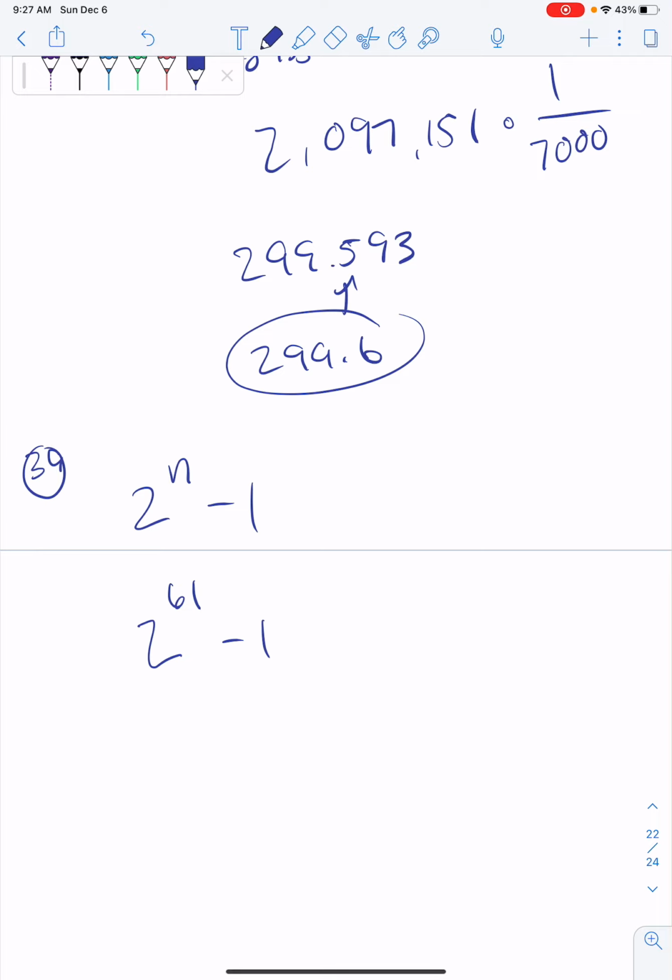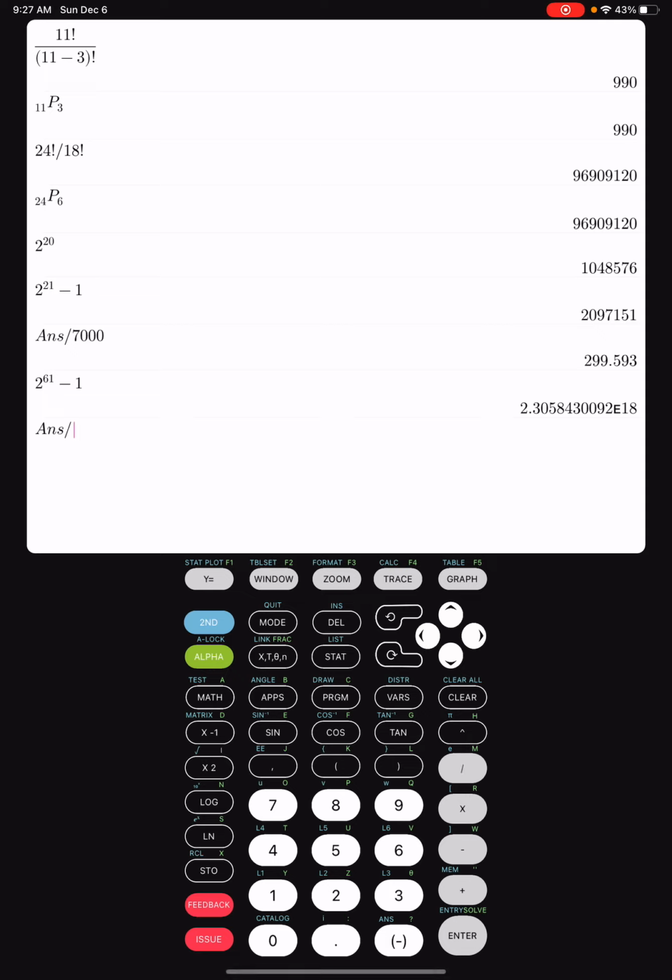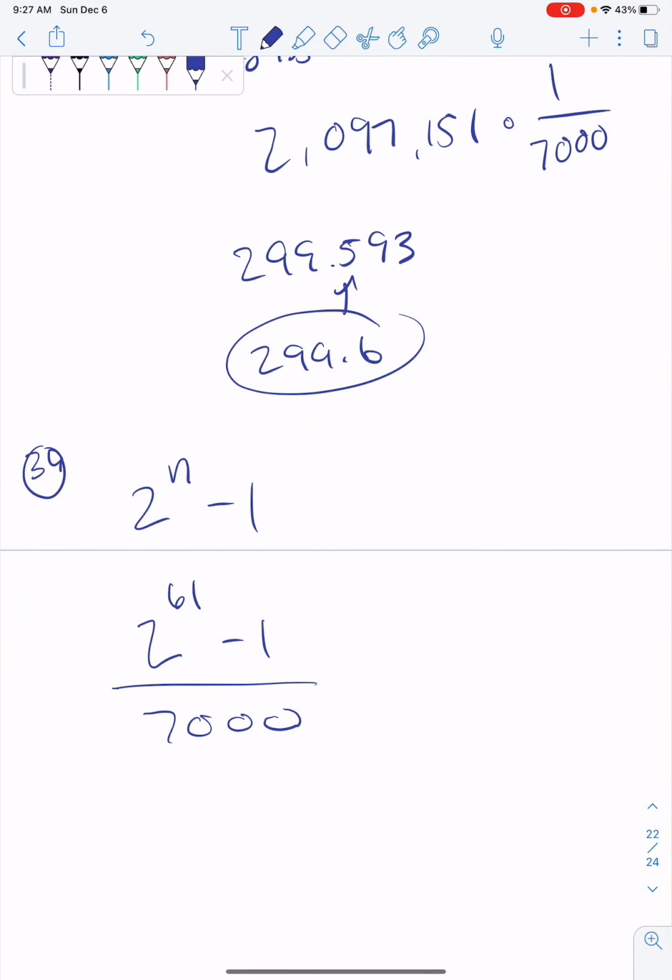So then I'm going to take that number, and it wants me to convert it into tons. So the first thing I'm going to do is divide it by 7,000, because I'm going to turn it into pounds. Now I've got my pounds because it tells me that 1 ton is 2,000 pounds.